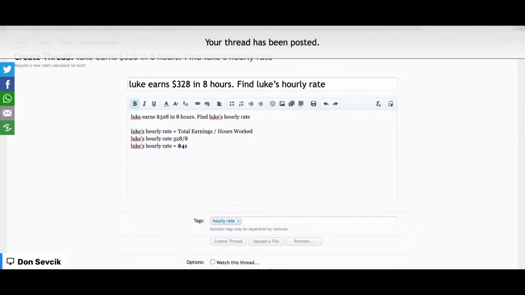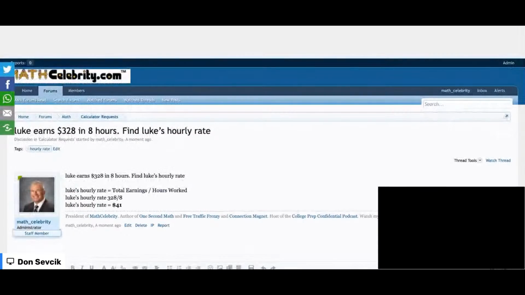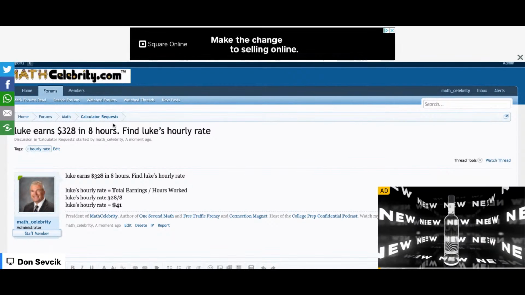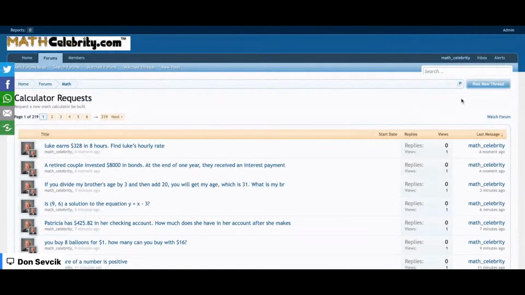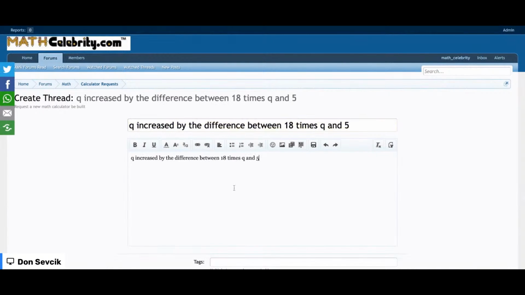All right, let's go back to some algebraic expressions. Q increased by the difference between 18 times Q and 5. Take this algebraic expression in parts. 18 times Q: 18Q.